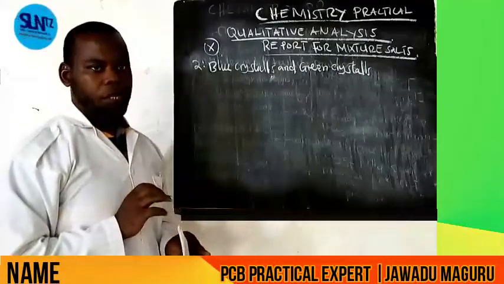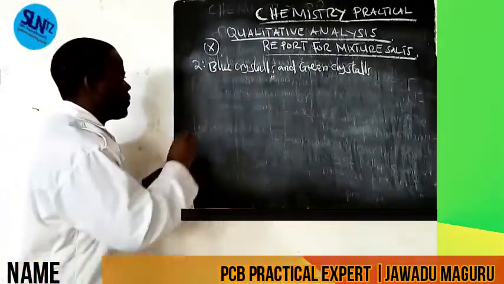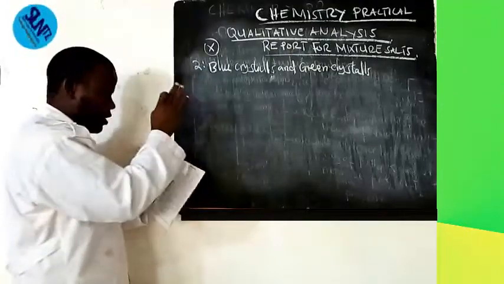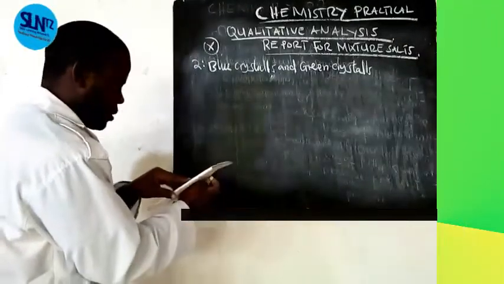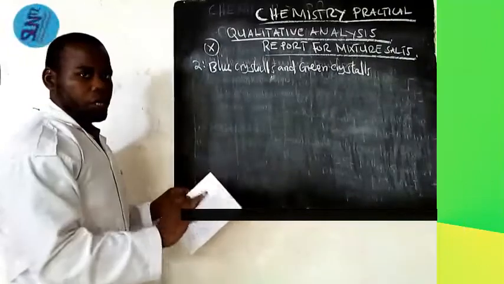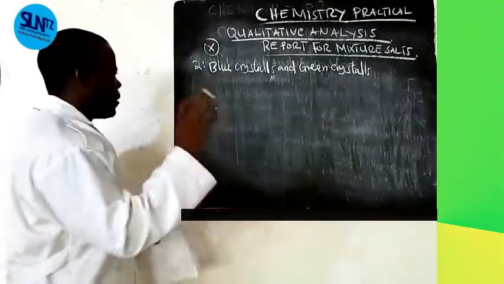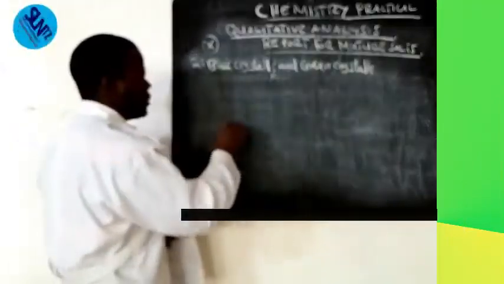How to write a report? You have to write it that way. It means outside of experiment, that means appearance of solid sample X, you will write. I will write it for observation.